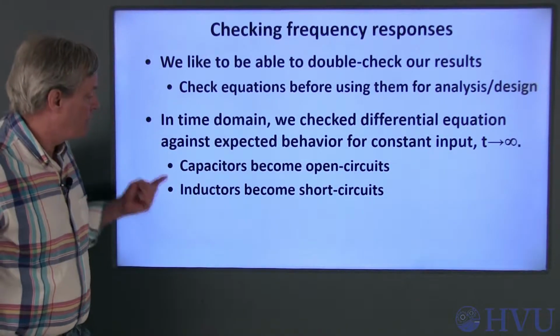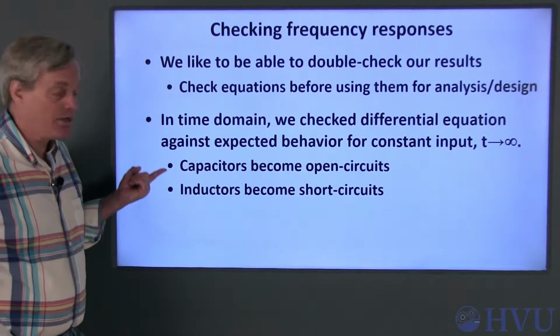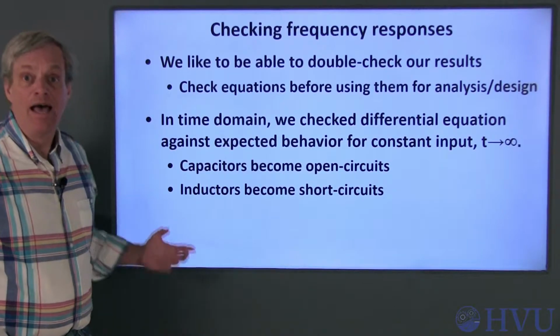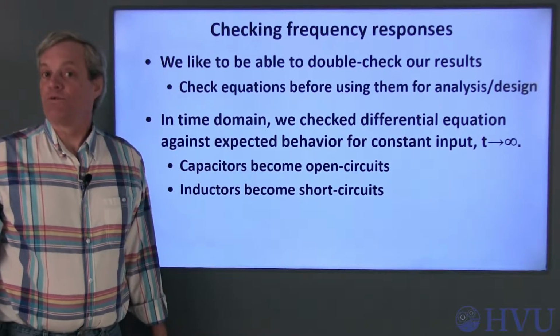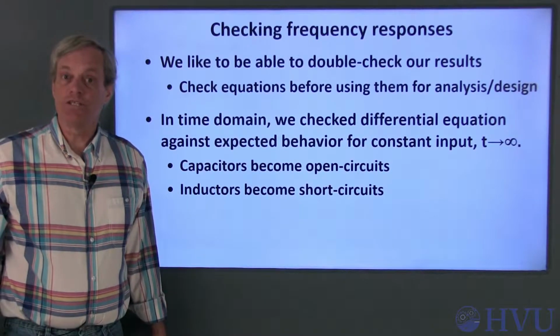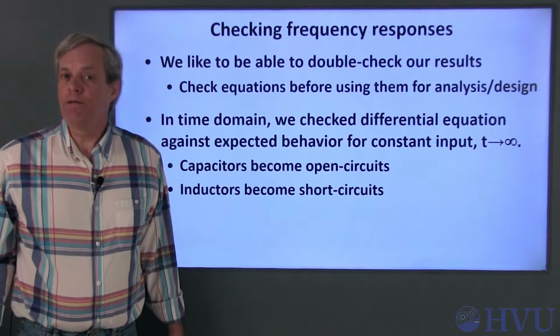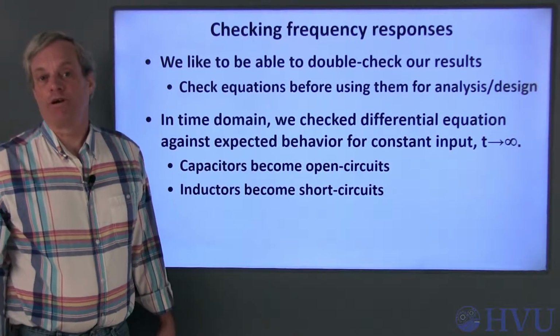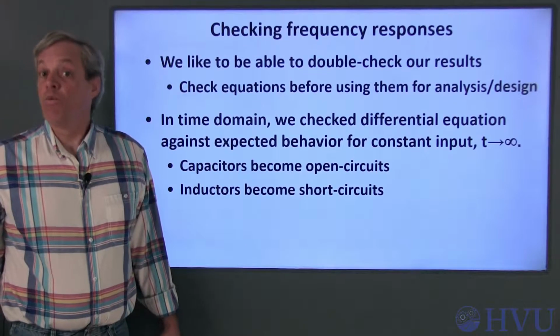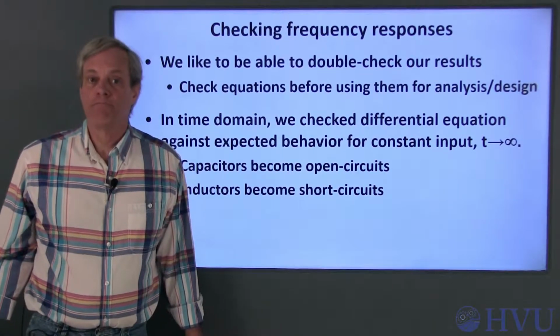Under these conditions, we could replace capacitors with open circuits and inductors with short circuits and analyze the resulting purely resistive circuit. If this response agreed with the differential equation's response to these conditions, we could be pretty sure that the governing equation was correct, and we could go ahead and use it for other analysis or design purposes with a high confidence in the results.